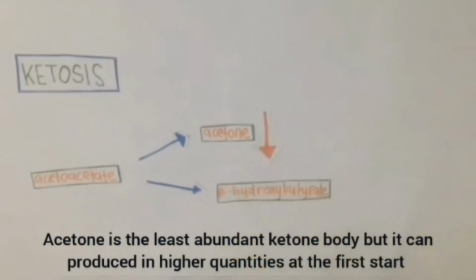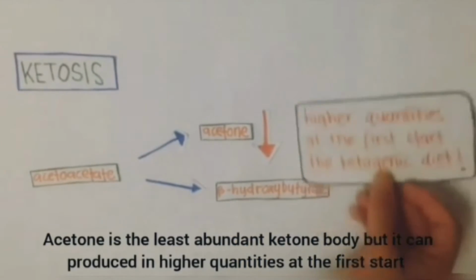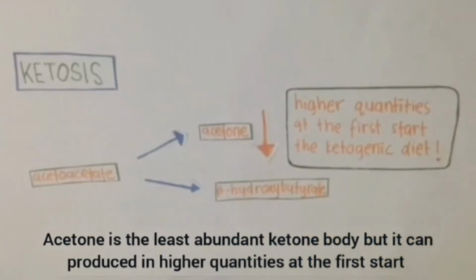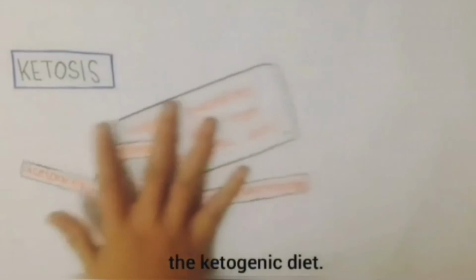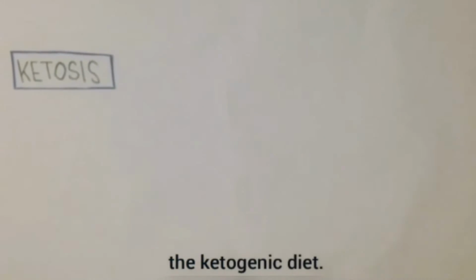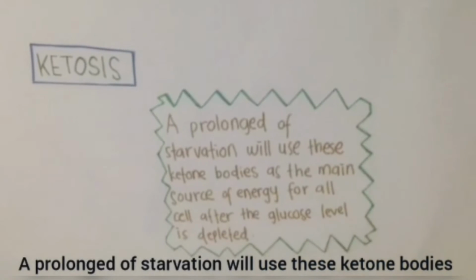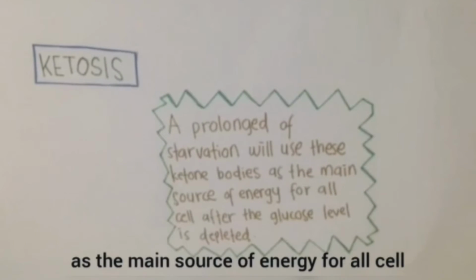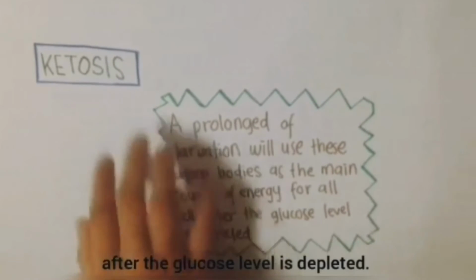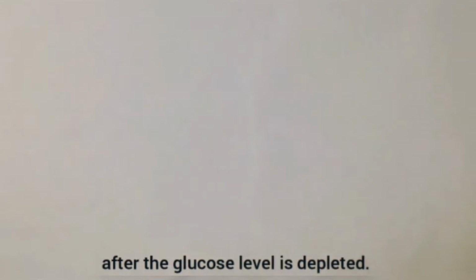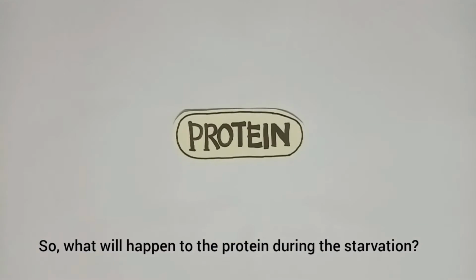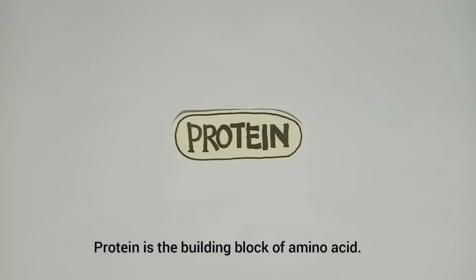Acetone is the least abundant ketone body, but it can be produced in higher quantities at the first start of the ketogenic diet. A prolonged starvation will use these ketone bodies as the main source of energy for all cells after the glucose level is depleted.